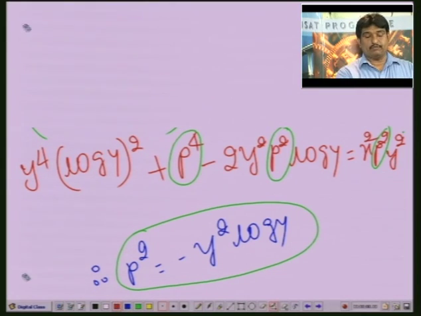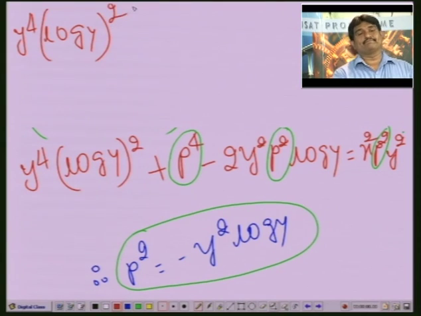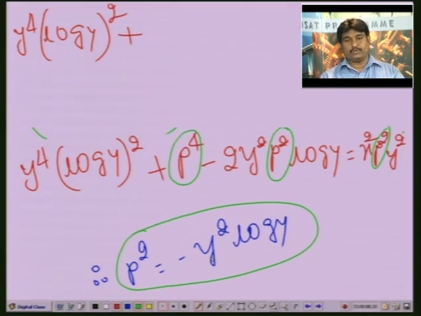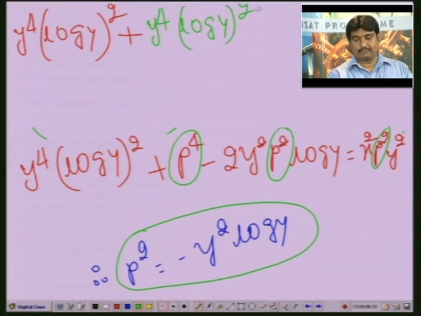First term as it is, y to the power of 4 into log y the whole square, plus, now in place of p to the power of 4, since p square is minus y square log y, p to the power of 4 is y to the power of 4 into log y the whole square. Next, minus, I'll write this as it is, 2y square, and in place of p square, I'll write minus y square into log y.